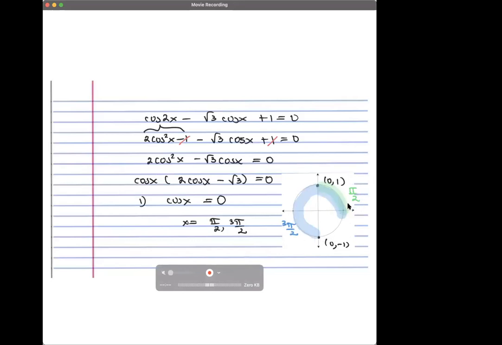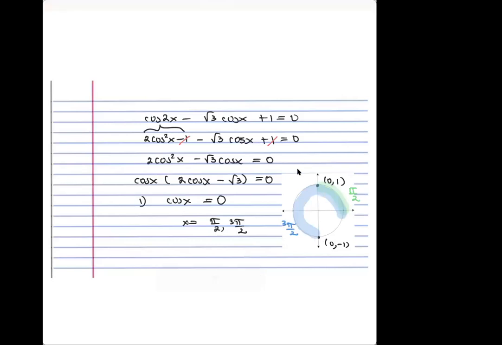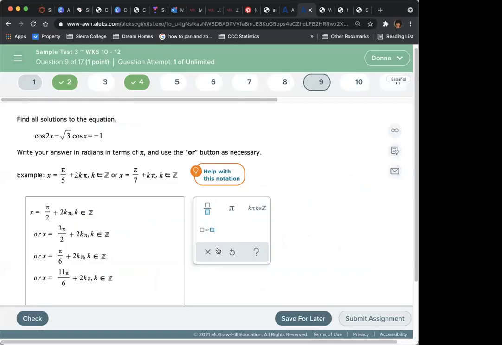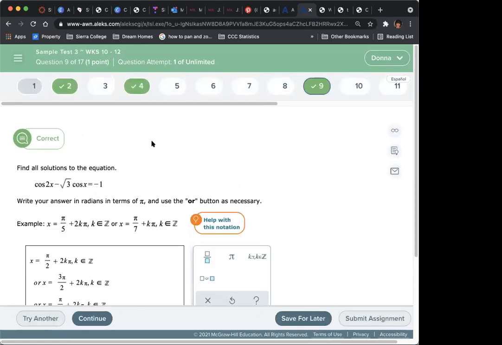So you could rewrite those 2 answers. I'll go back and share so you know what 2 answers I'm talking about. You could write these 2 together as one answer. You could write this as pi over 2 plus pi k, not 2 pi k, but pi k. So by adding a pi revolution each time to pi over 2, you'll pick up this one. But I think they'll let you slide if you don't catch it. So we'll check our work. Wahoo, and we got it correct.